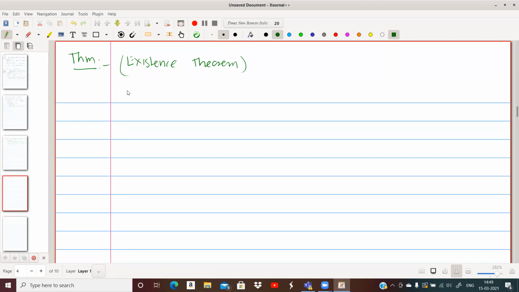Likewise, for second order, you have two conditions. You can extend it for nth order.